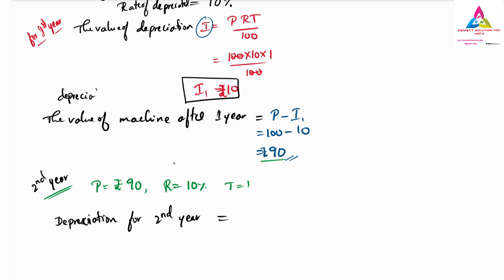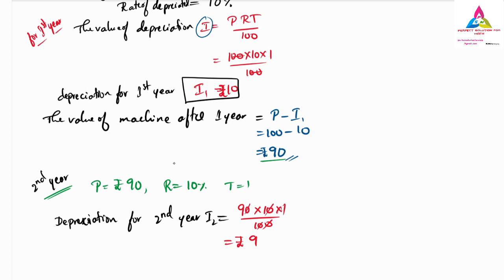So you can write down here, depreciation for the first year, that is I1, equals 10. Depreciation for the second year we can take as I2, equals P value is 90 now, the R value is 10, and the time is 1 year, divided by 100. So the zeros get cancelled, it is 9 rupees.